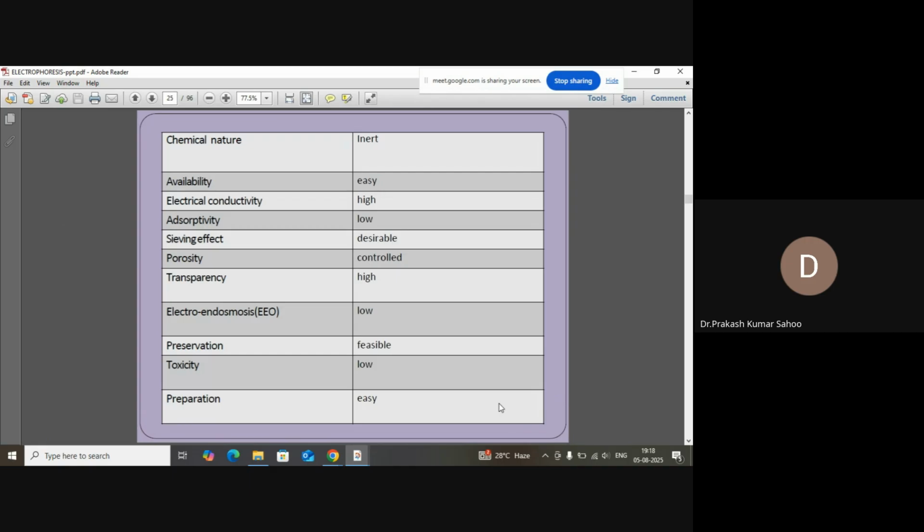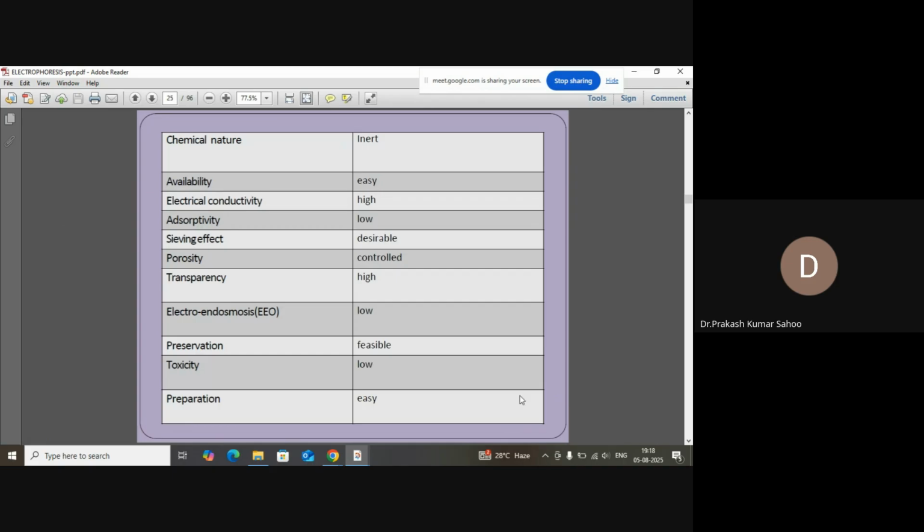Then we have the properties: chemical inertness, easy availability, high electrical conductivity, low adsorptivity, desirable sealing effect, controlled porosity, high transparency, low electroendosmosis, easy visualization, low toxicity, and easy preparation.